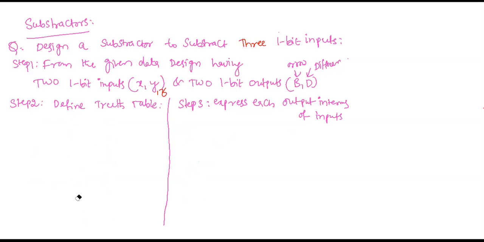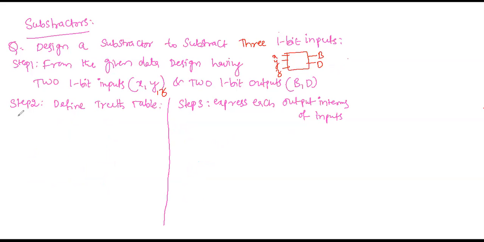What is the block diagram? The block diagram contains three inputs X, Y, Z, and two outputs borrow and difference.